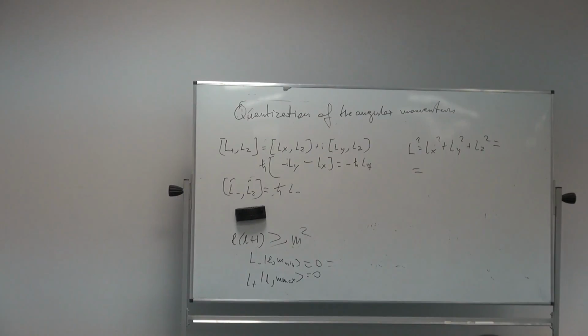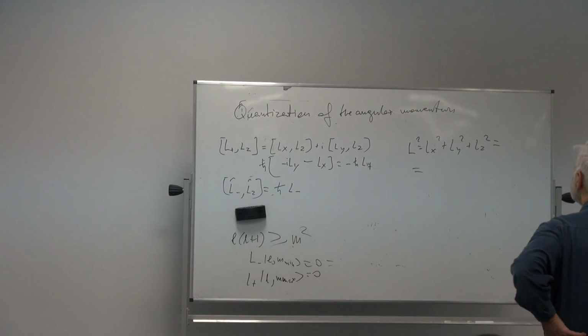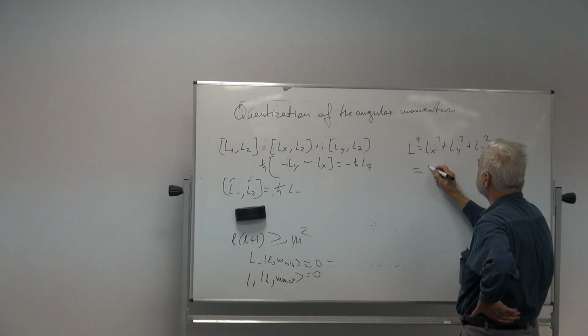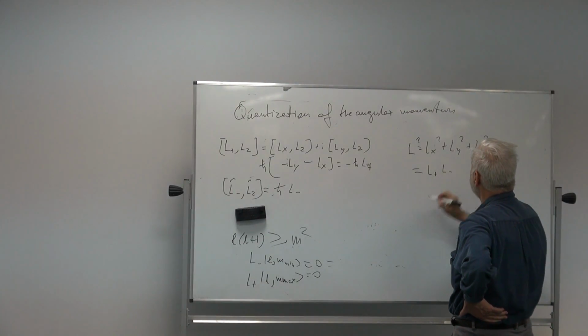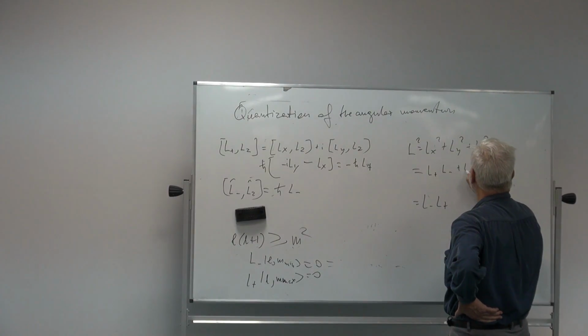Look, if these x and y components were commuting, then this would immediately become L plus times L minus, or L minus times L plus, plus Lz squared.